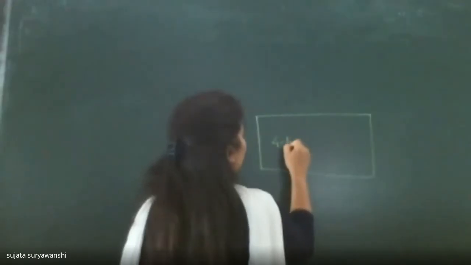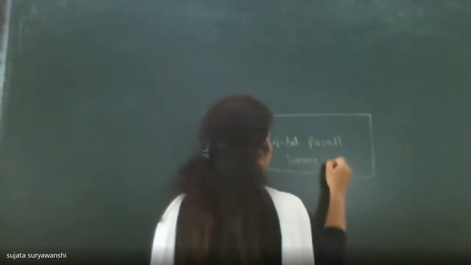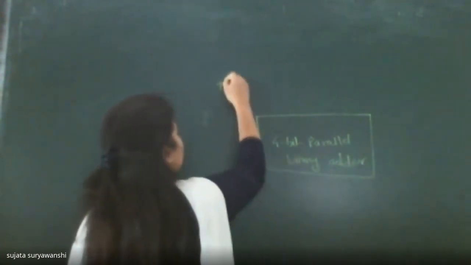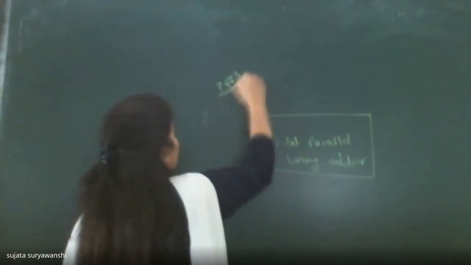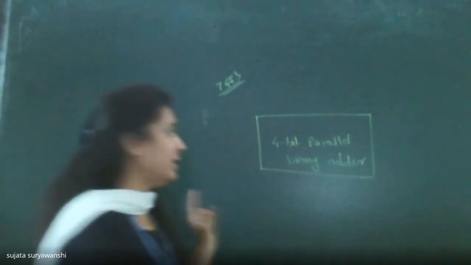Yes, ma'am. Okay, so this is your 4-bit parallel binary adder, and the IC for it is 7483. The IC number for the 4-bit parallel binary adder is 7483.